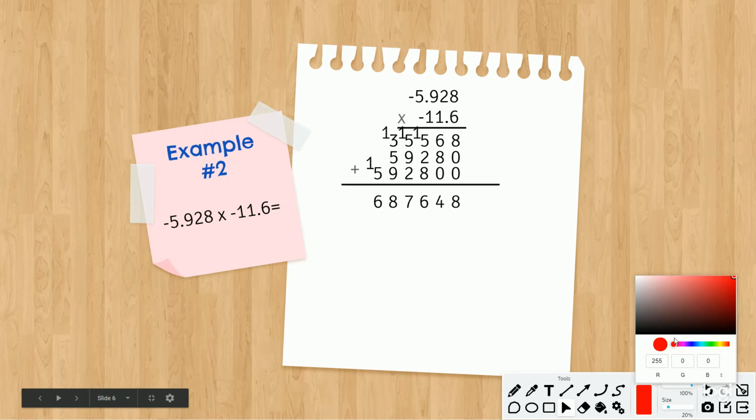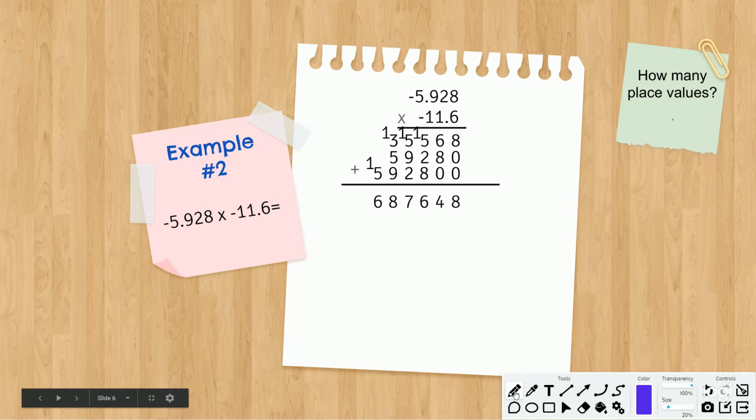So I need to count how many place values I have. Here I have a tenths place, a hundredths place, and a thousandths place. So that's 3 place values there. And on this one I have just a tenths place, so that's 1 place value there.